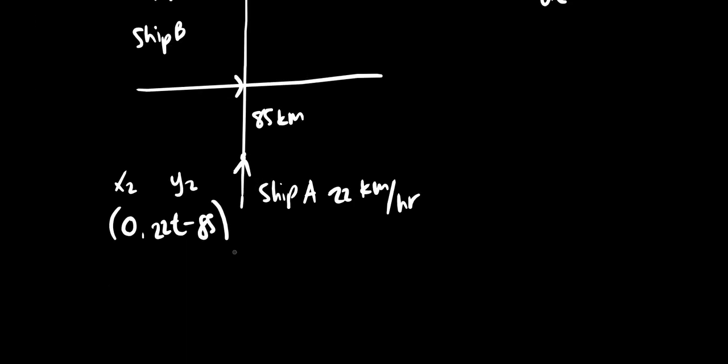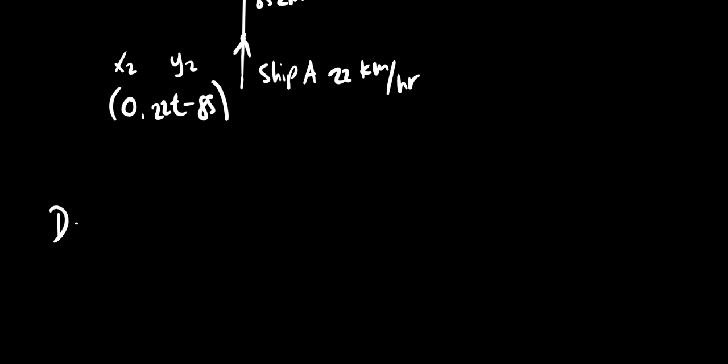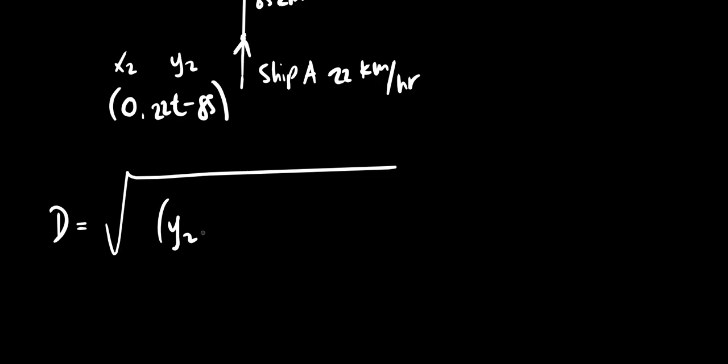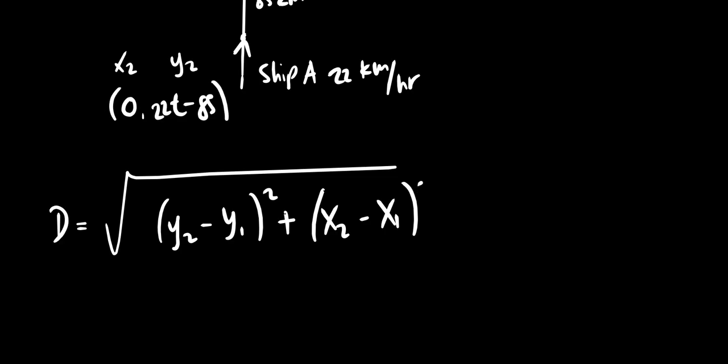Again, we will use the distance formula. The distance is the square root of y sub 2 minus y sub 1 squared plus x sub 2 minus x sub 1 squared.